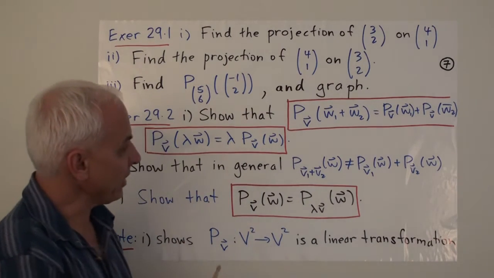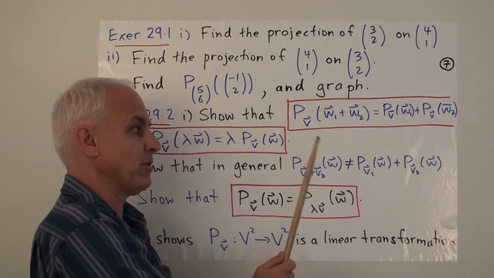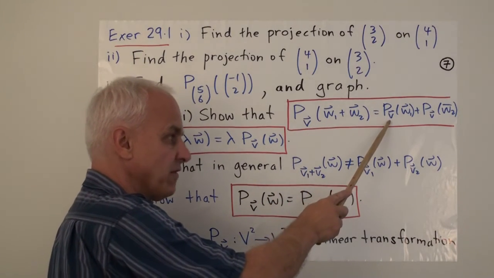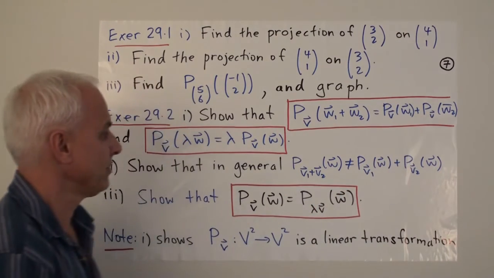Now a little bit more theoretically, show that if you have the projection onto V of W1 plus W2, that's the projection onto V of W1 plus the projection onto V of W2.